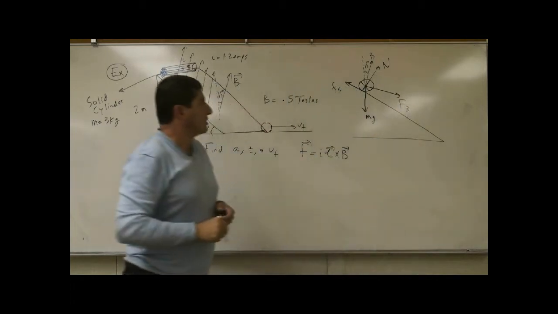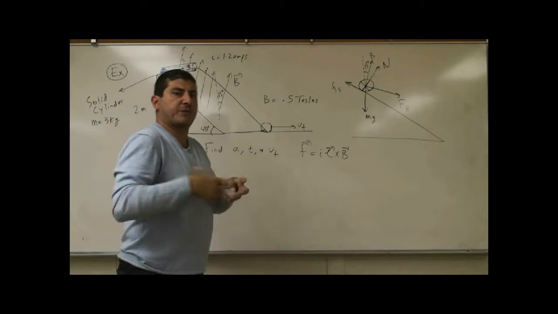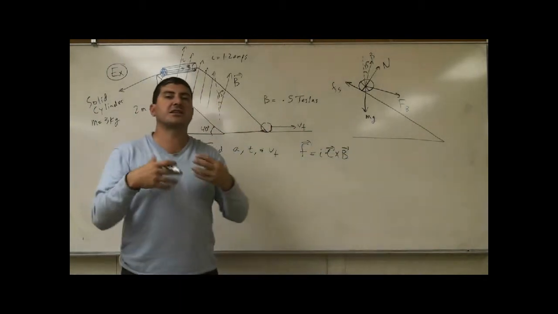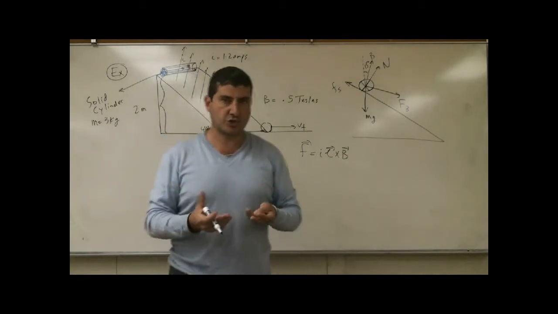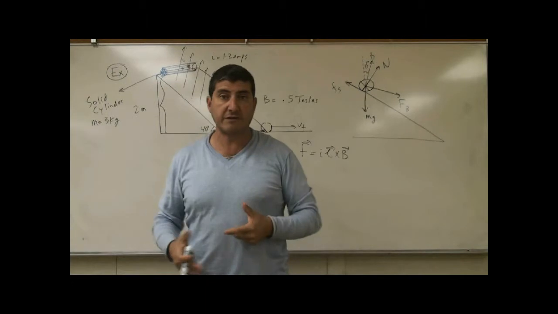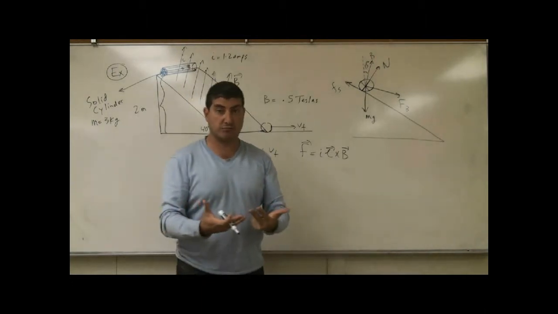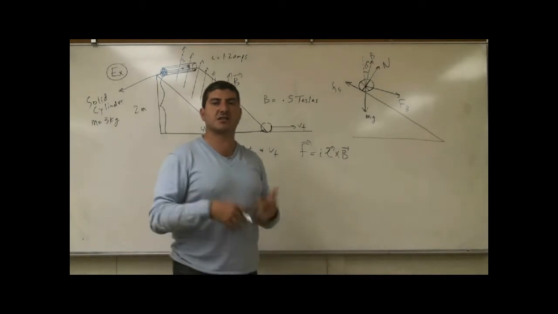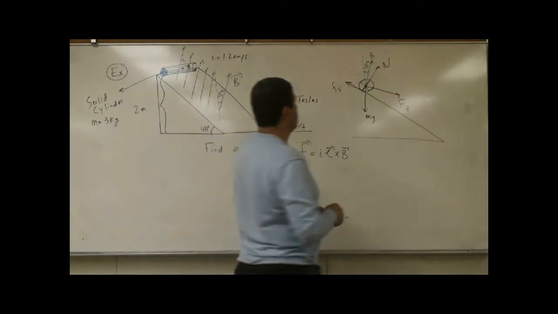Okay? So it's going to act like an extra force pushing the cylinder down the incline, and it's going to increase its acceleration. So we would expect this thing to reach the bottom quicker than it would have if it was just a mechanics problem. Okay? So now let's do the forces and the torques and analyze this motion, and then we'll get the answers.